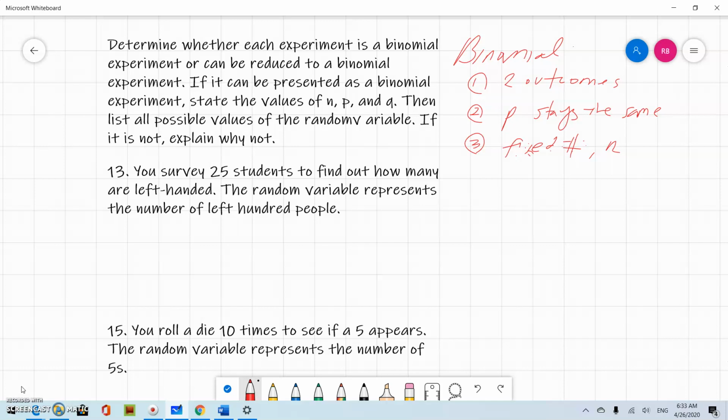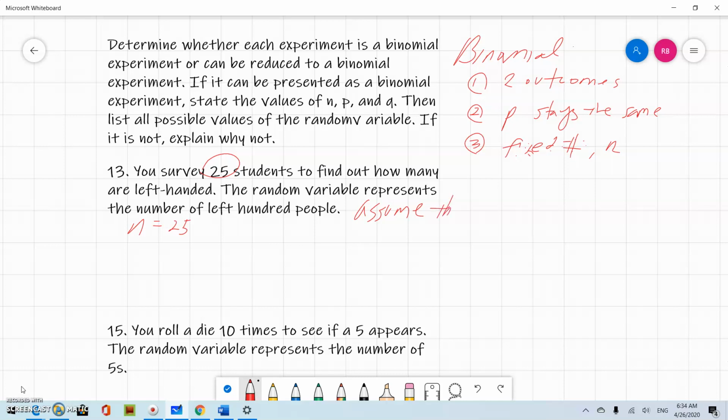So let's go into 13. It says you surveyed 25 students. So that is an n, right? Because you already determined how many students you're going to ask. And then you're going to find out how many are left-handed. So we have to assume there is no, what's the word, ambidextrous? People who can use both hands.